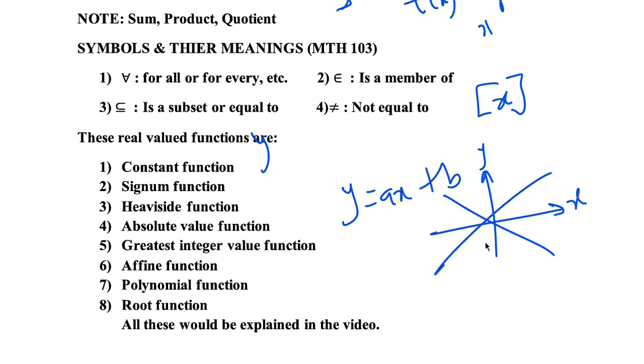You plotted lines in junior and senior secondary school, right? So all those lines, most of which don't pass through the origin, represent affine functions. And the domain of an affine function is all real numbers, right?